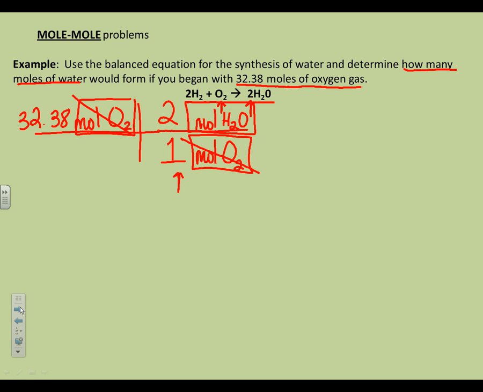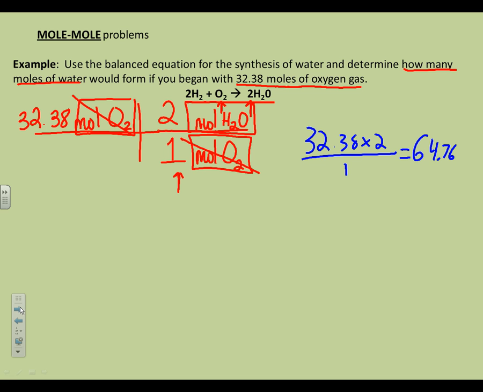So now what you can do is simply take the number of moles that you start with, which is 32.38, and you multiply that by 2. Okay. That seems simple enough. Yeah, so let's plug that into the calculator and see what we would come up with. So 32.38, we're going to multiply that by 2, and that gives us 64.76.